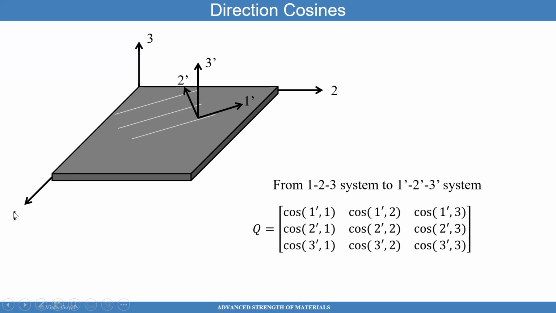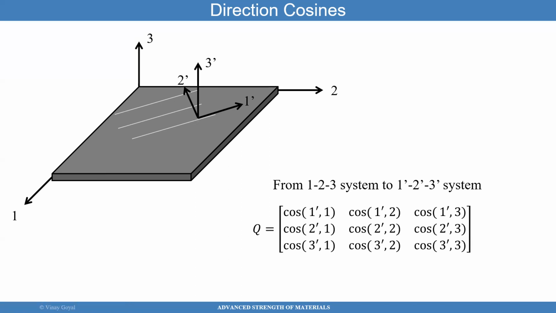I change the convention, but it could be sigma XX, where 1 is X, sigma YY along the 2 direction, sigma ZZ along the 3, and then you have shear stresses acting on this structure. But I'd like to know what the stress states are in a different orientation. Say I want to know them along the 1 prime, 2 prime, and 3 prime axes.